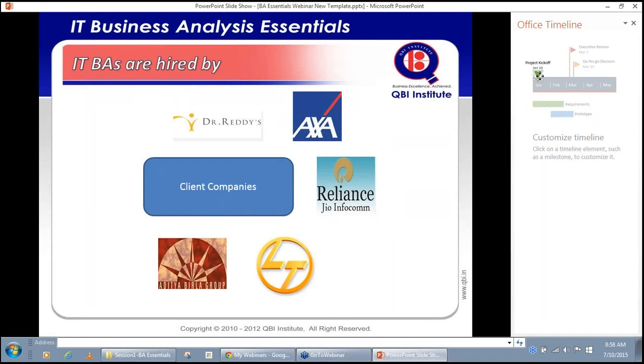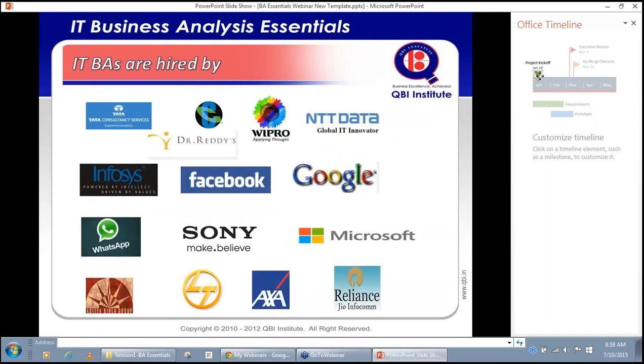So IT business analysts are required everywhere. And they will be working on the requirements of the project and they will be developing solutions, preparing requirement documents, creating process documents, etc. So today, as an IT business analyst, you are welcome almost everywhere, across domains, across companies with varying nature of business.